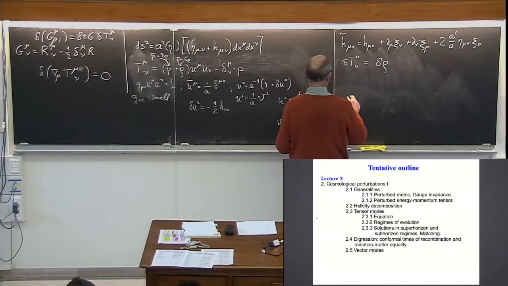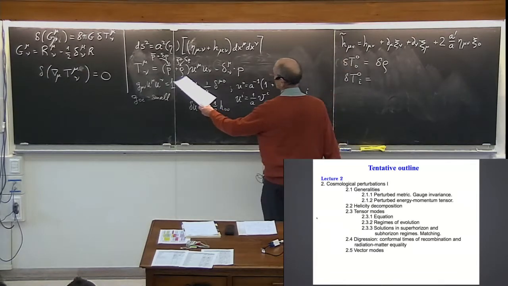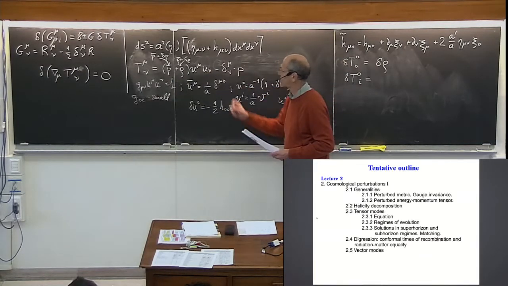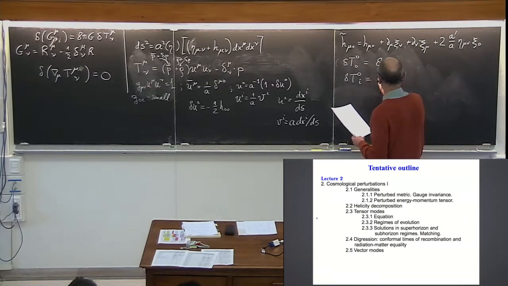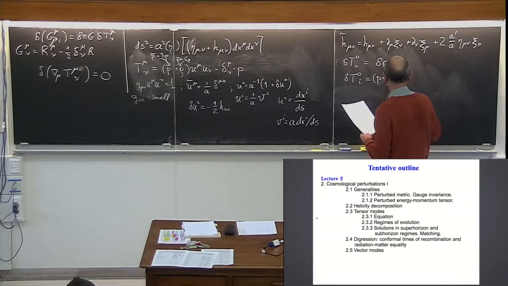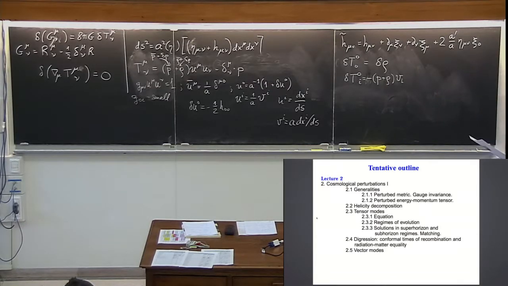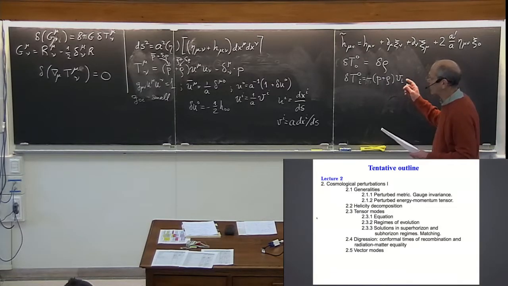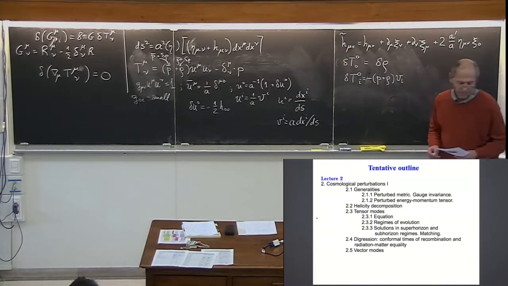Delta T0i, you immediately get from here, it only contains this linearized velocity. So this is (p plus rho) times vi. And I write minus here. There is another convention. Once you do this 3 plus 1 decomposition, then you raise and lower your Latin indices by Euclidean metric.